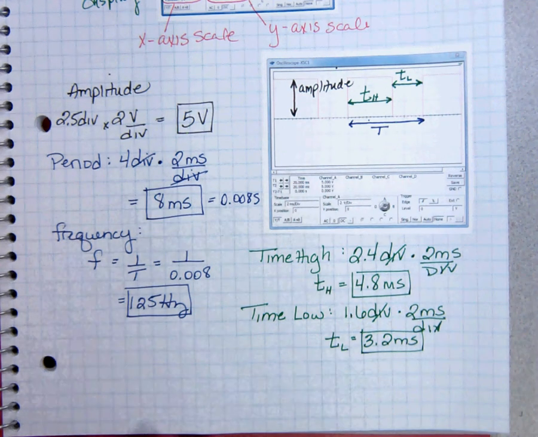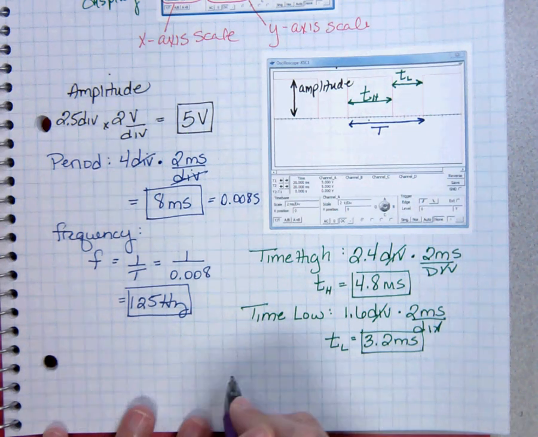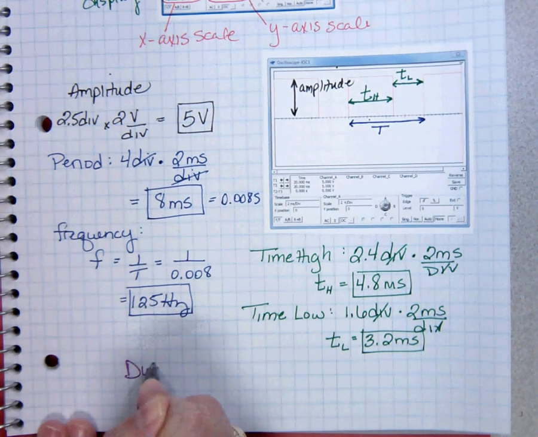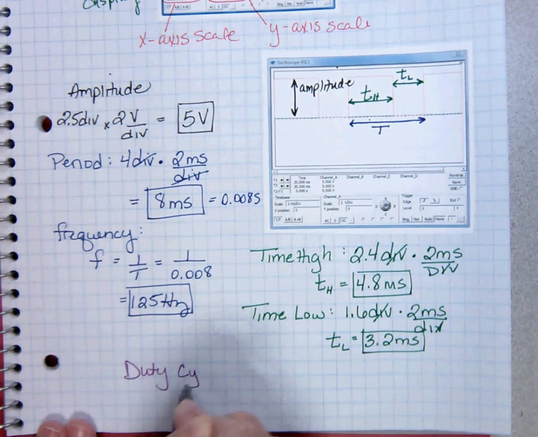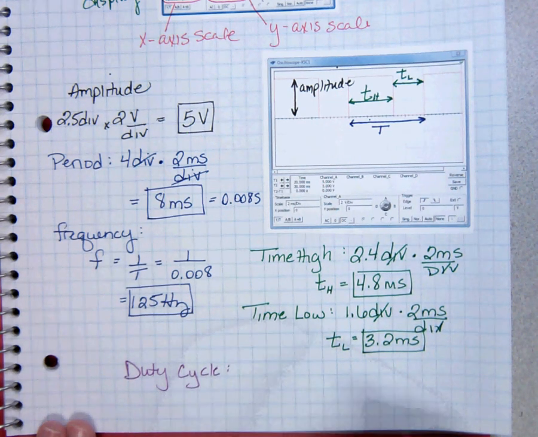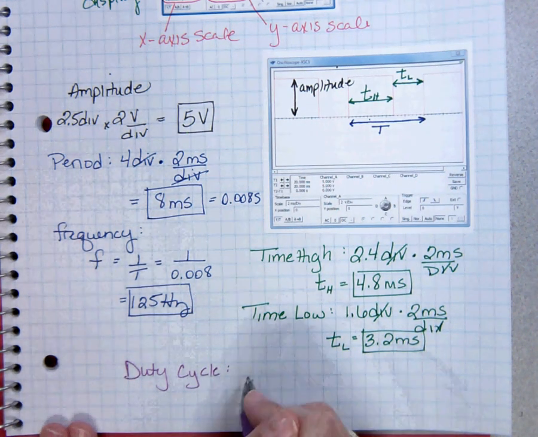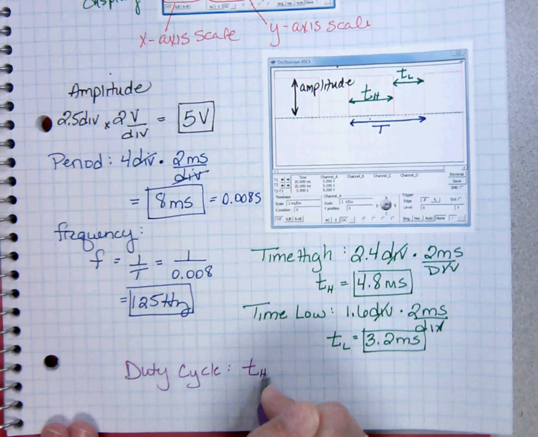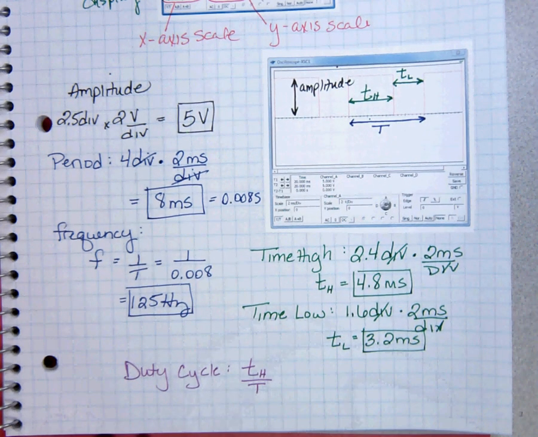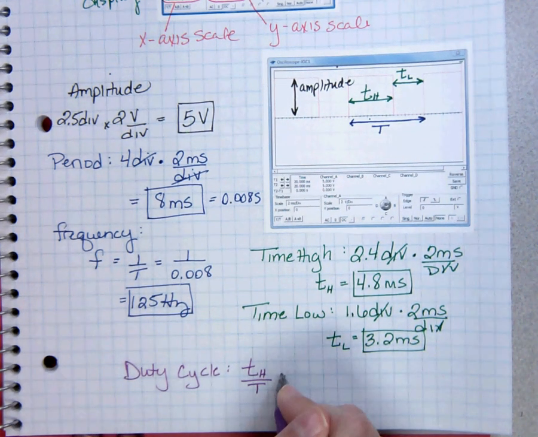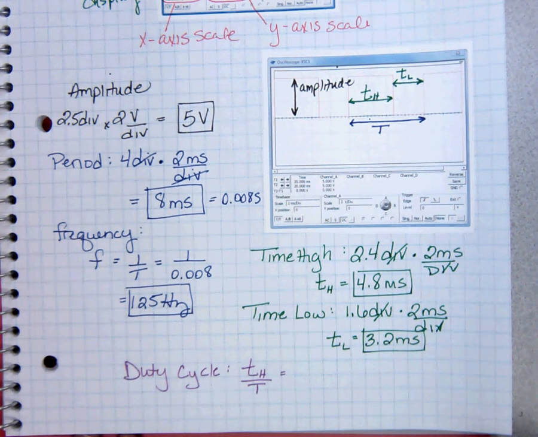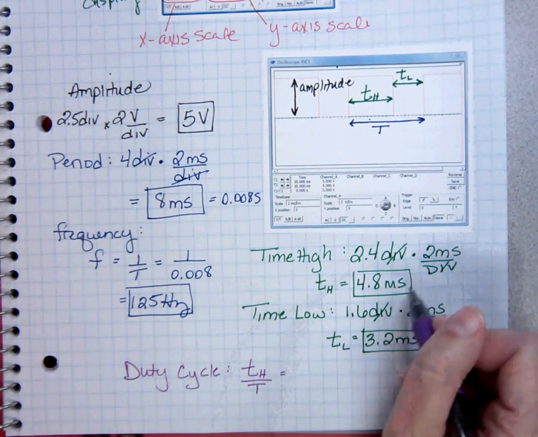And then, of course, once we know time high and the period, I can determine the duty cycle. Duty cycle is the time high divided by the period. As long as I've got consistent units, it doesn't matter what units I'm using, so I'm just going to use milliseconds.